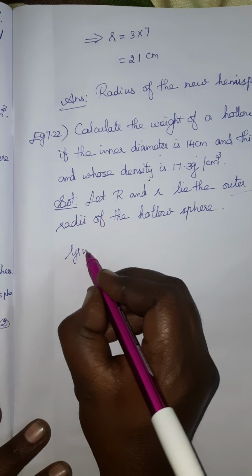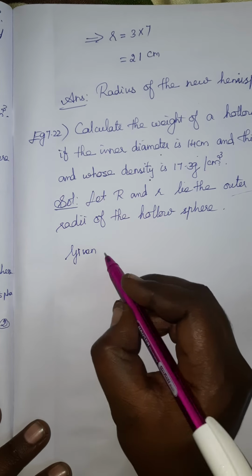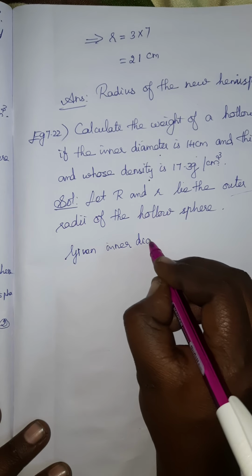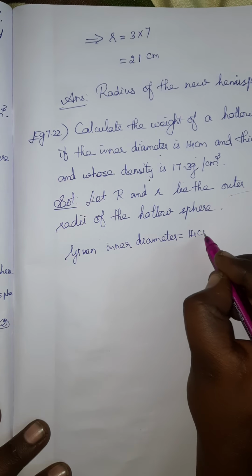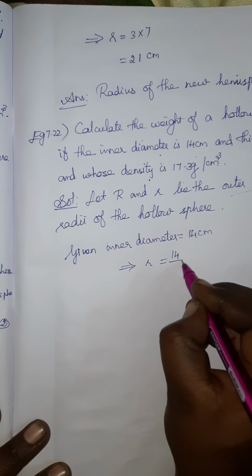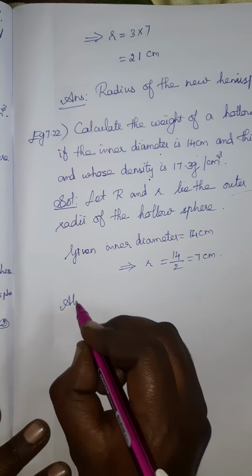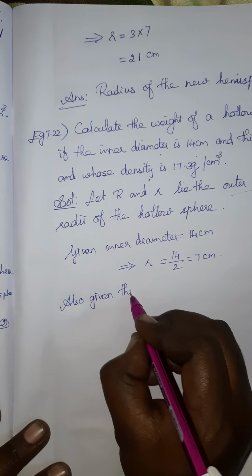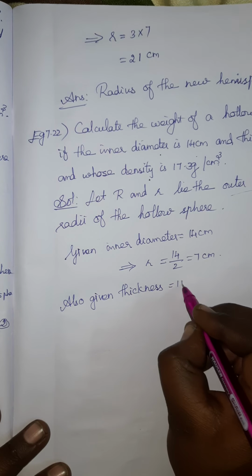Given, inner diameter equal to 14 centimeter, implies inner radius r is equal to 14 by 2, that is equal to 7 centimeter. Also given, thickness is equal to 1 millimeter.